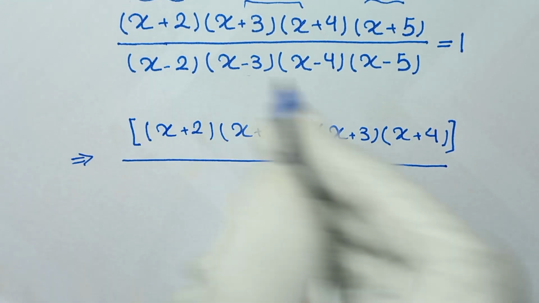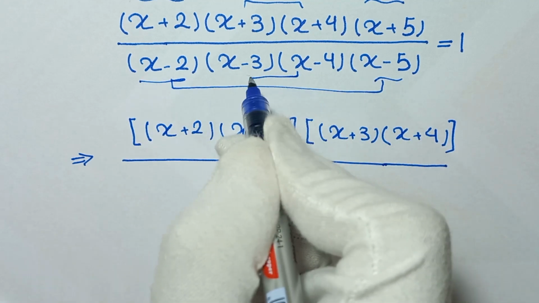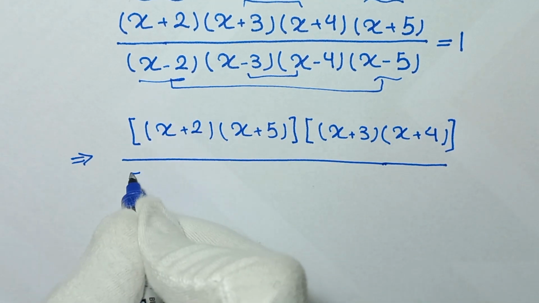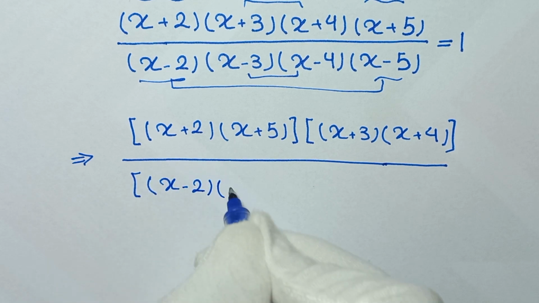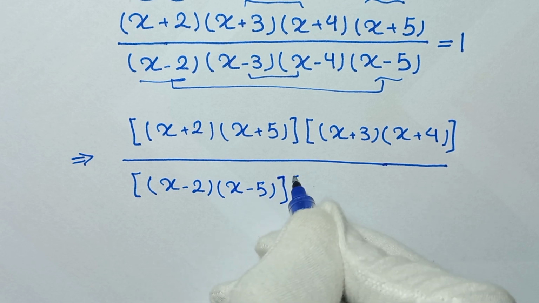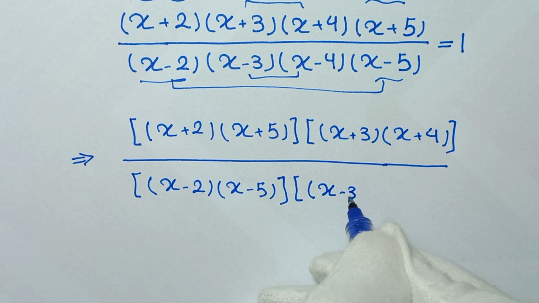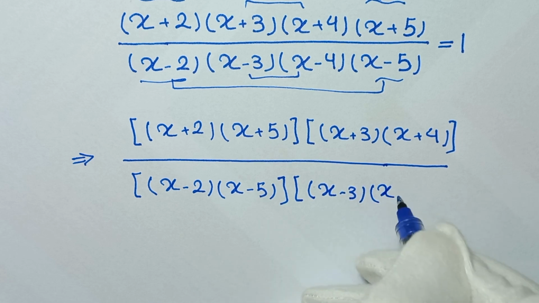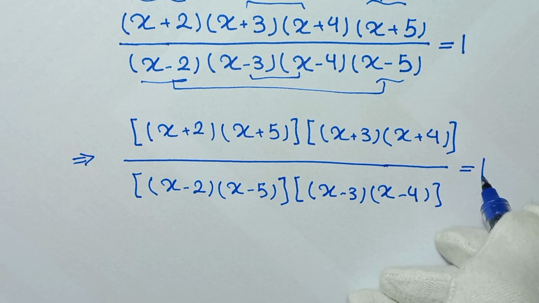Also for the denominator, we take these two parts together and these two parts together. So we write the bracket (x-2)(x-5) and the bracket (x-3)(x-4) is equal to 1.